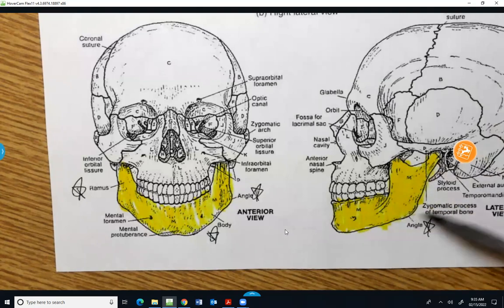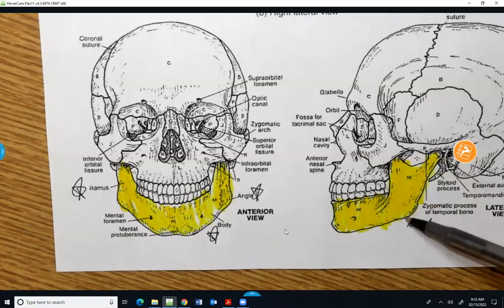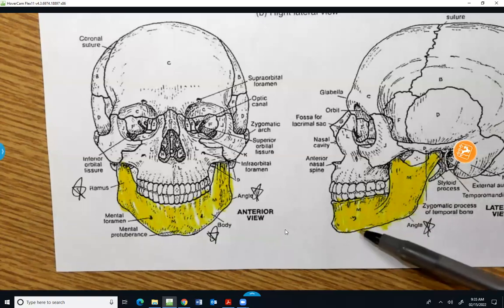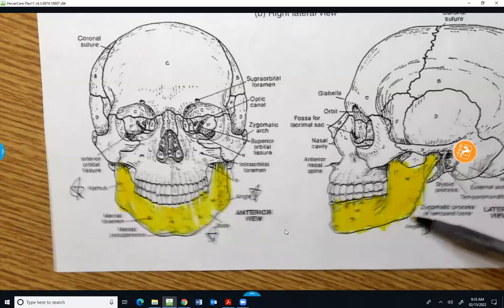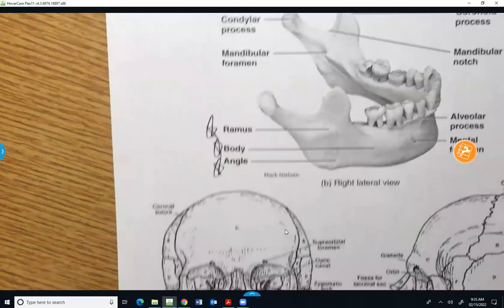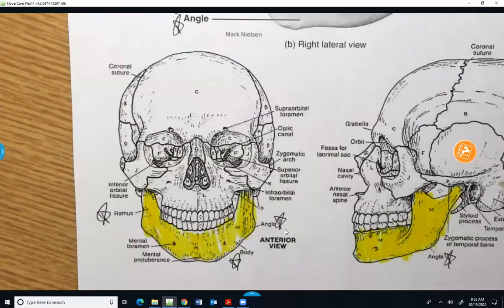It's not straight sideways. It's not straight up and down. It's at that in-between angle. It's the oblique posterior portion. And then the angle is where it turns from being more horizontal to more oblique. So that's the angle. You can see all three labeled over here. I don't know why they don't label all three of them here. If you want to, you can label those in.